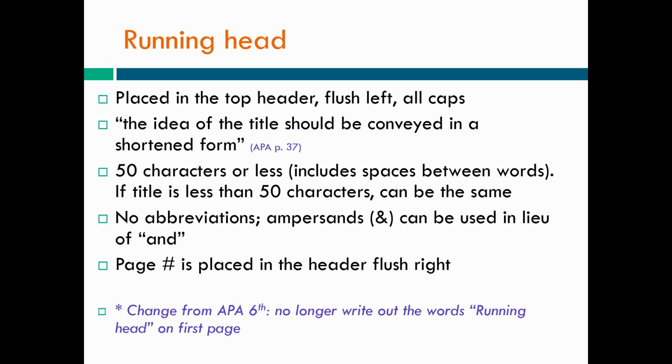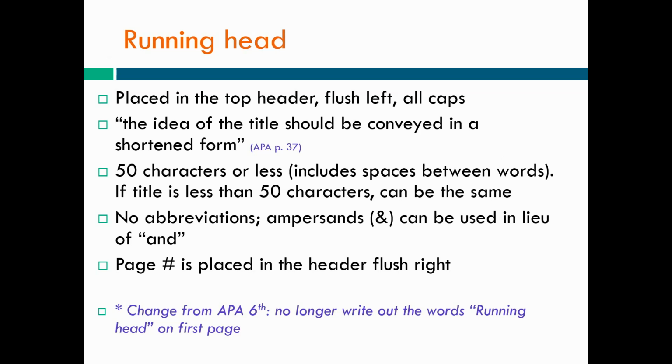So if you decide to go with just the running head of proofreading, you should be completely fine and meet that expectation there. No abbreviations, ampersands can be used in lieu of "and." So like I said, for this first experiment, that is not really relevant if you decide to go with just the running head of proofreading.